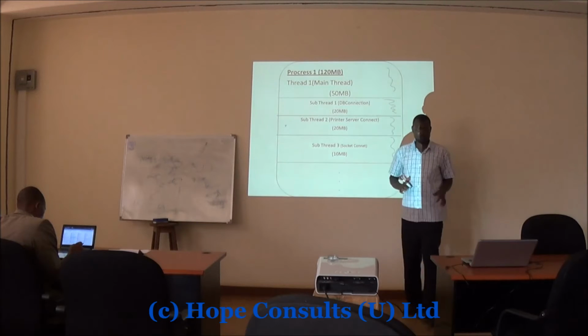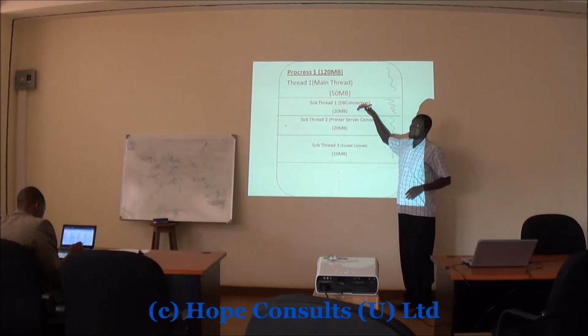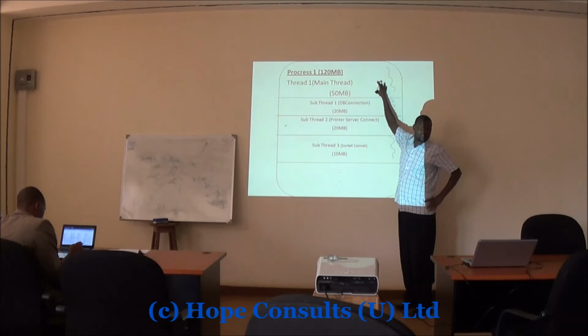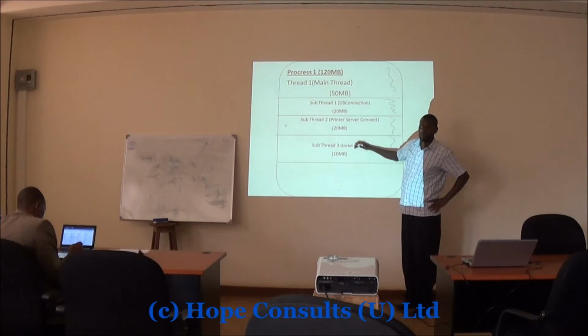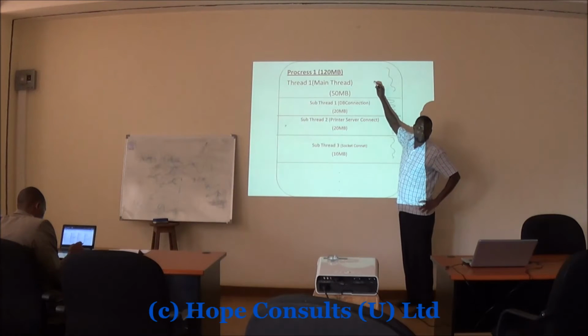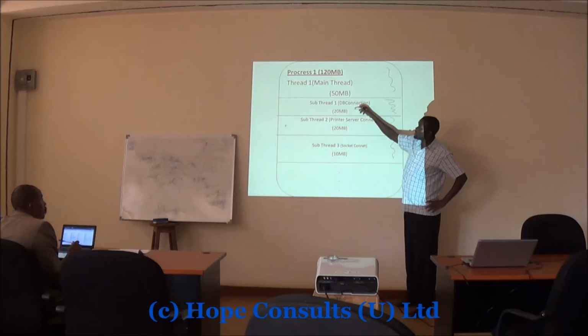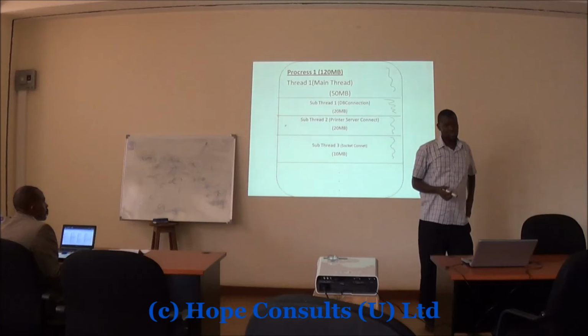Now, something I need to mention is that each of these threads can access the main memory area independent of each other. So if we have a variable here in the main thread section, each of these sub-threads which we created can access those variables.